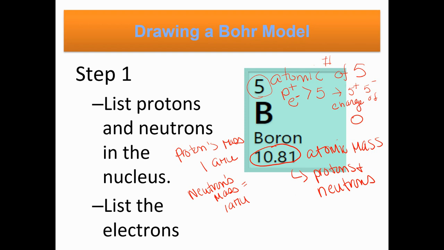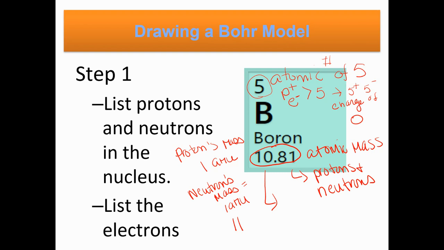So one of the things we do in science in 8th grade is round this up to 11, because 10.81 is kind of a harder number to quantify just in your head if you're doing addition or subtraction. So I think the best thing for us to do is just round this up to 11. That's perfectly acceptable, so don't worry, you can do that on the STAR exam. But anyway, we know that we have a mass of 11.